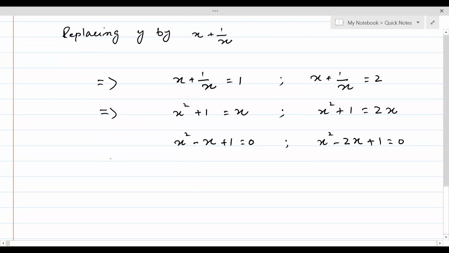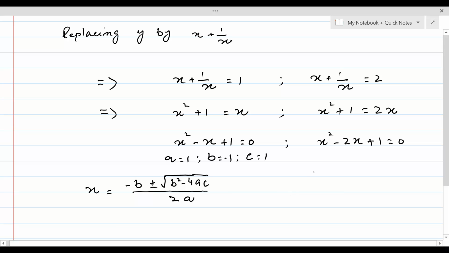The first quadratic equation, if we compare it with the standard quadratic equation, here a is equal to 1, b is equal to minus 1, c is equal to 1, and if we apply quadratic formula, that would give us x equal to minus b plus minus square root of b squared minus 4ac divided by 2a.